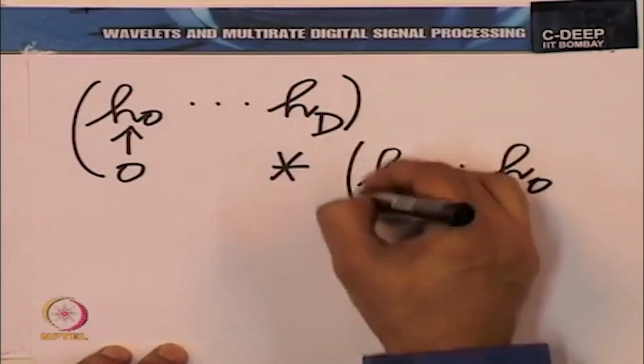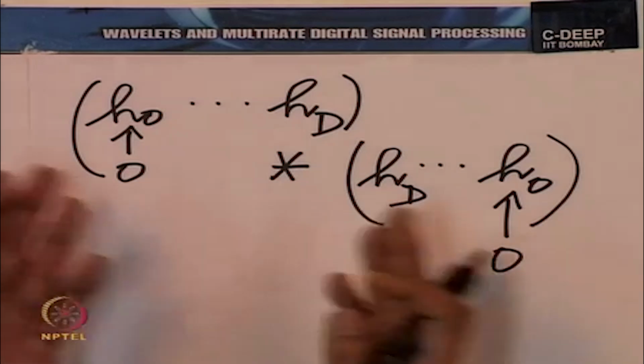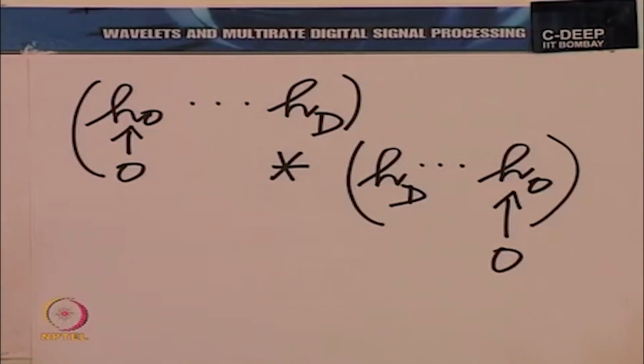Maybe I should put parentheses here and indicate the 0 clearly there. Now, how do you convolve? Well, these are of equal length, so I could choose either of them as the static one and the other one as the moving one. So, just for convenience, the sequence which we started with, the one corresponding to H0, we shall keep as the static sequence, and the one corresponding to H0(z inverse) we shall make move.